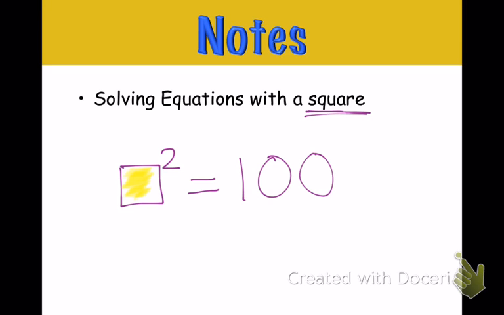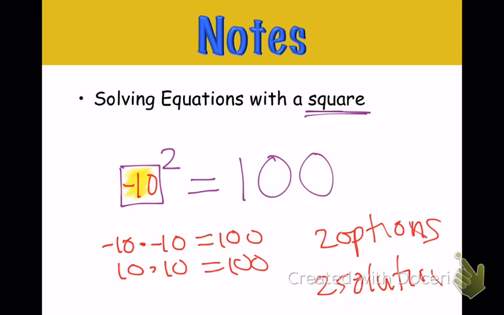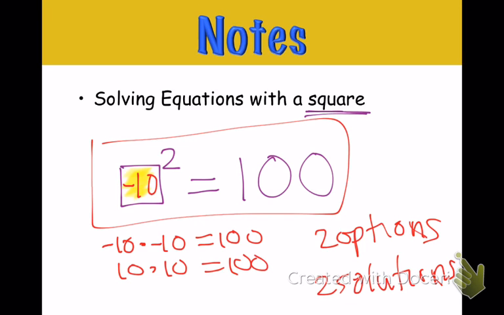If you said negative 10, then that's the number, because negative 10 times negative 10 is 100, just like 10 times 10 is 100. So there are two solutions that satisfy this equation. When it comes to squares in an equation, you're going to end up having two answers.